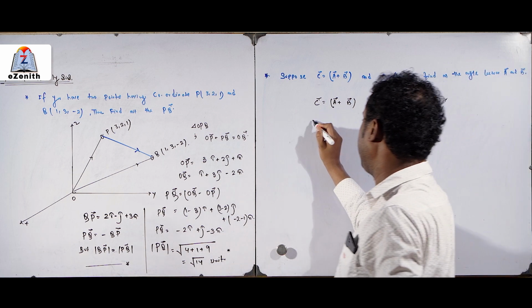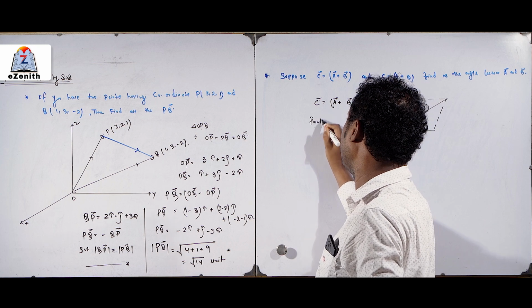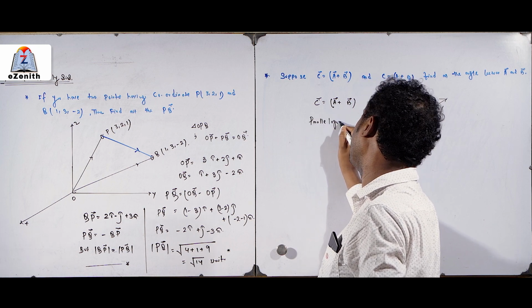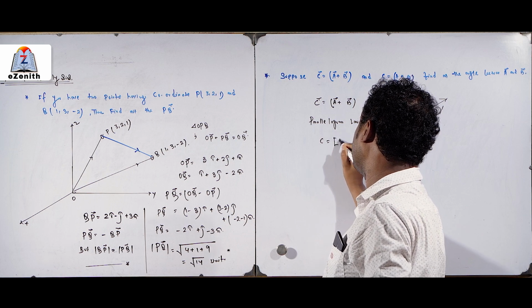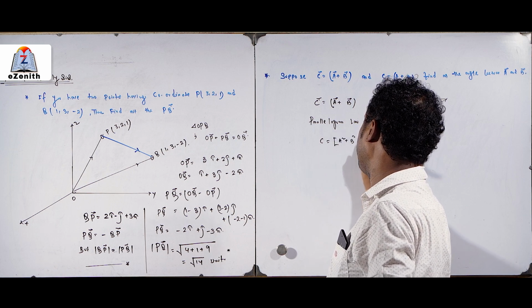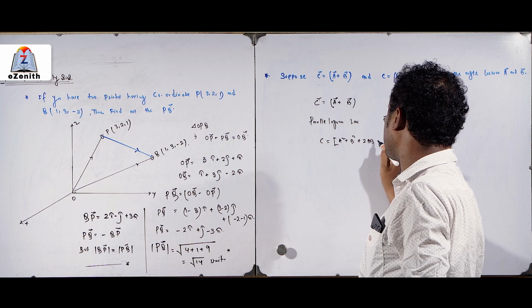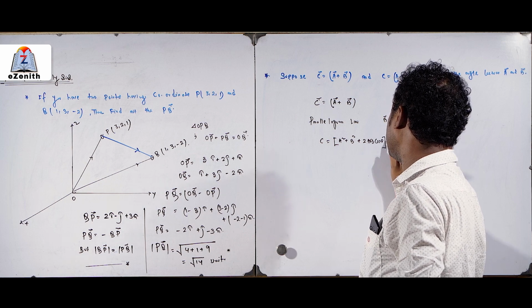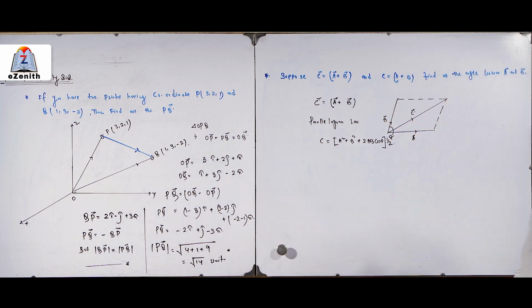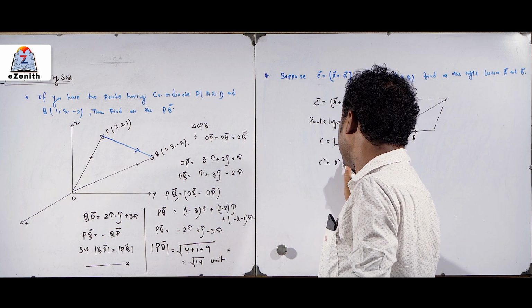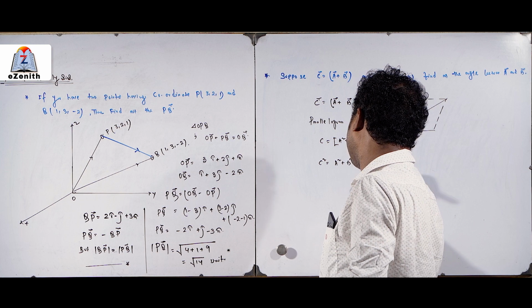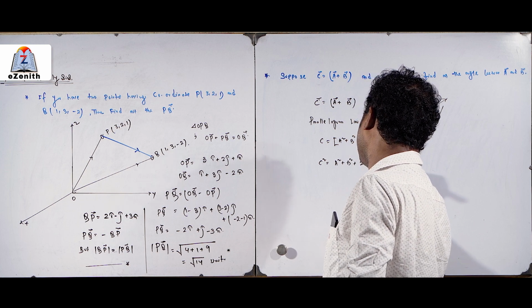Then from the parallelogram law, C is equal to (A square plus B square plus 2AB cos theta) to the power half. Also, C square is equal to A square plus B square plus 2AB cos theta. Equation 1.